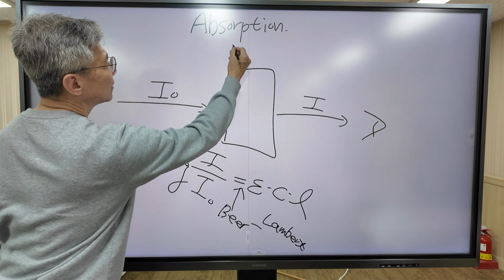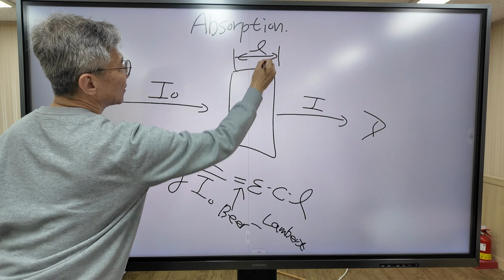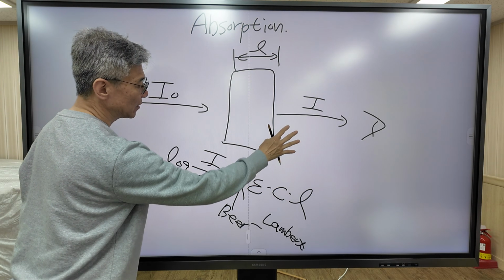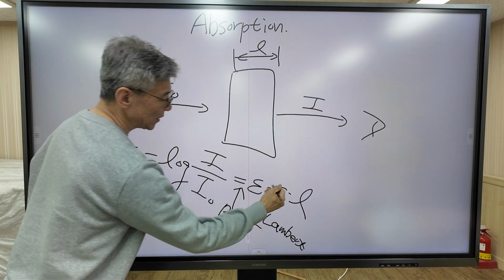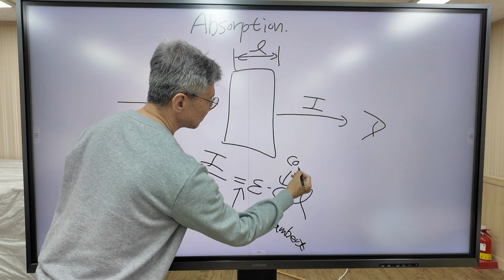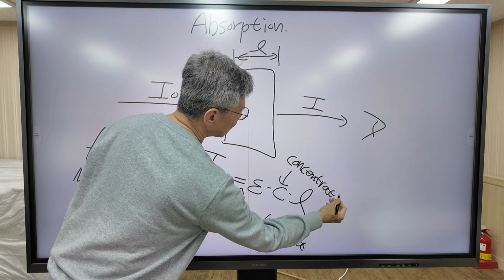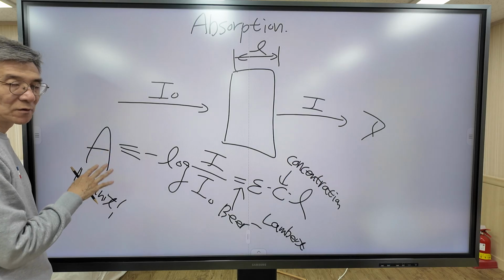Here L is the path length. When the path length doubles, absorbance doubles. C is concentration. When the concentration doubles, absorbance also doubles.